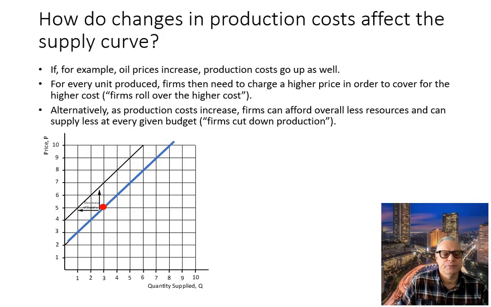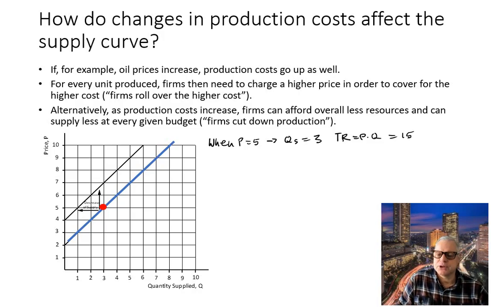So now what happens is that at the price of 5, the quantity supplied is 3. And then the total revenue, price times quantity, is 15. So let's say this is my total revenue.